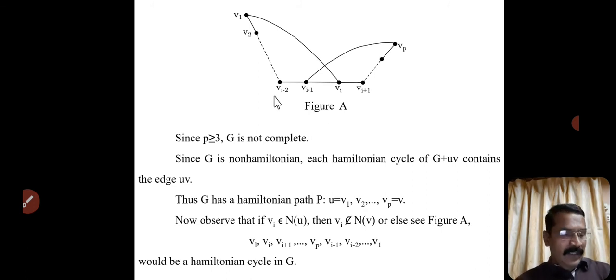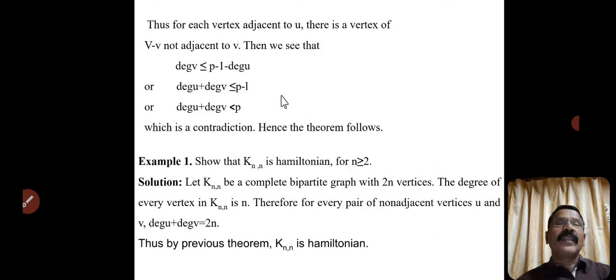So therefore, what we can say is, thus for each vertex adjacent to u, there is a vertex of capital V minus v, where capital V is the set of vertices in G and we are deleting v, not adjacent to v.